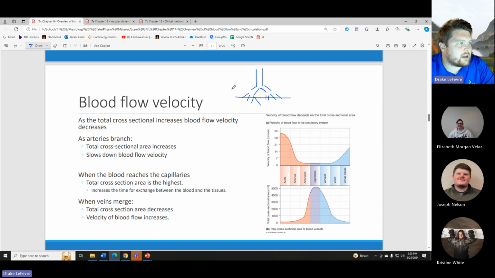As we take our cross-sectional area of each one and keep going down, we get an increase in cross-sectional area, because this one circle is smaller than multiple circles, add up all of the area, and this is bigger.